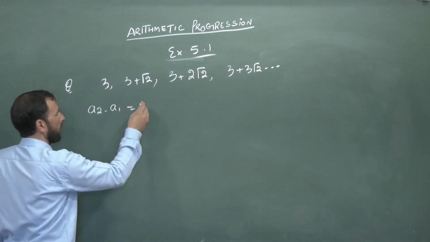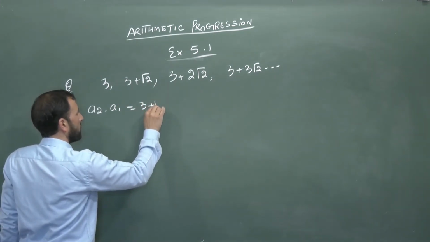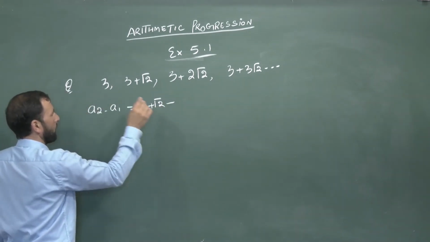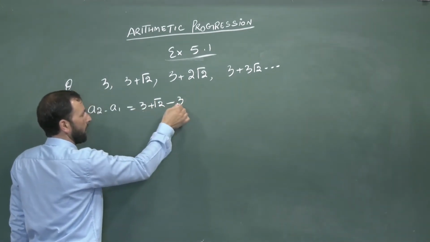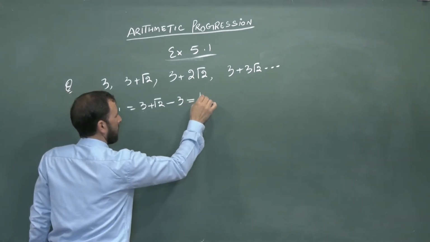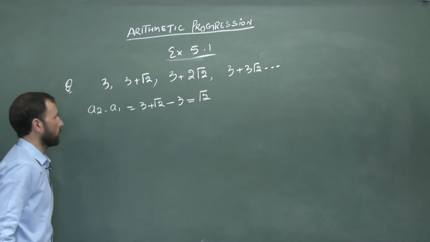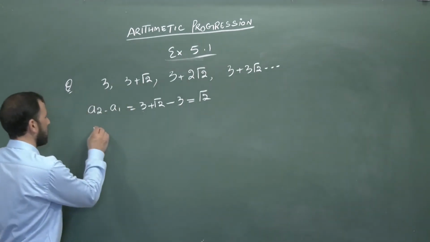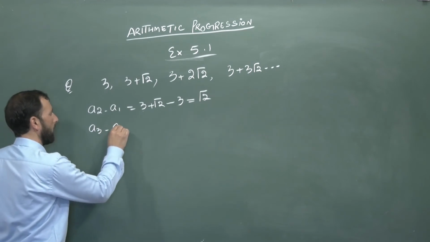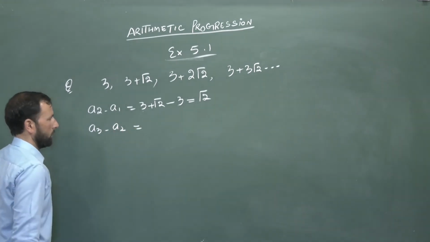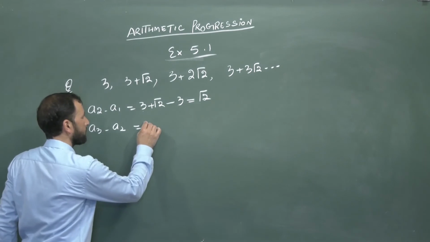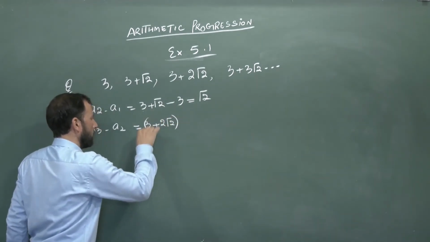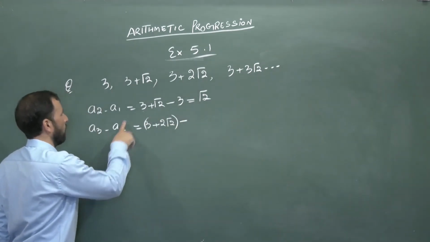what is the second term here? It is 3 plus square root of 2 minus a1, a1 is here 3. So this positive 3 and negative 3 cancel, we get square root of 2. So a2 minus a1 is equal to square root 2. Then a3 minus a2 equals to, the third term is here 3 plus 2 square root of 2, then minus a2. What is a2?